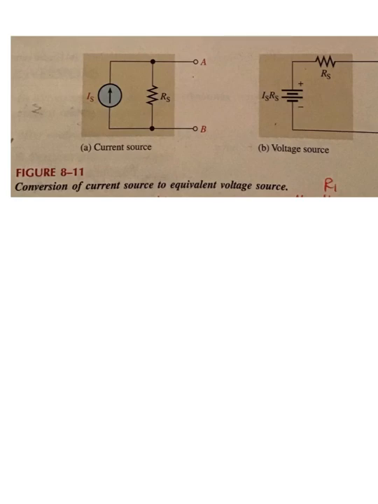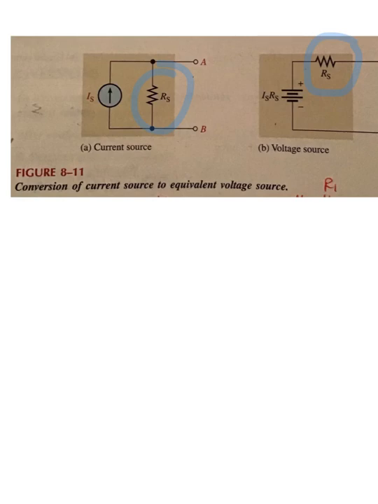It is also possible to take, as shown in figure 8-11, a current source and convert it to an equivalent voltage source. As you can see there, the resistor that's used for both circuits is exactly the same. That resistor and that resistor never, did I say never?